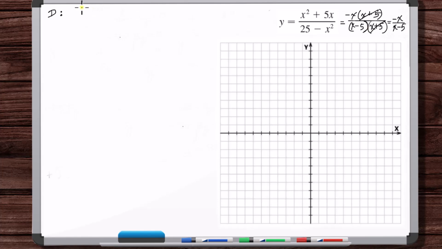So the domain is all real numbers except not including -5 and 5. That's the domain. And we'll come back to the range later.